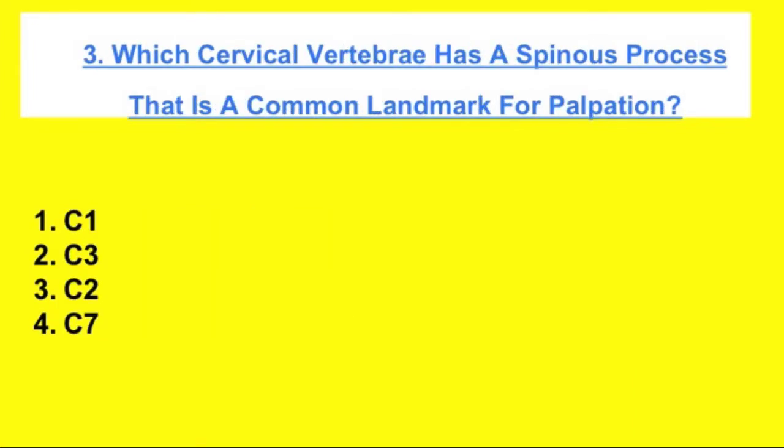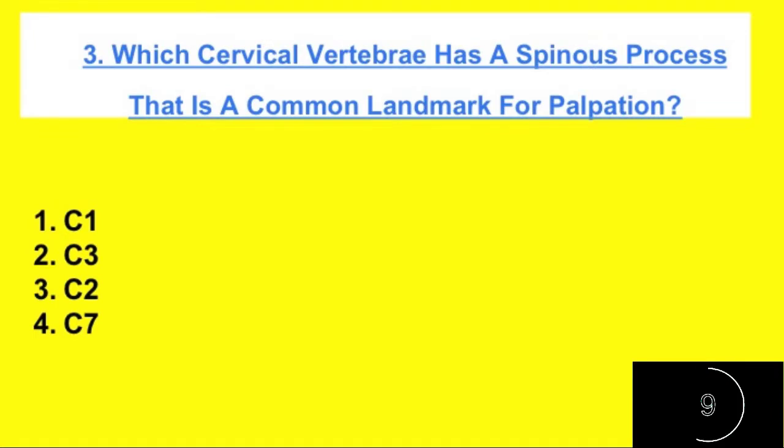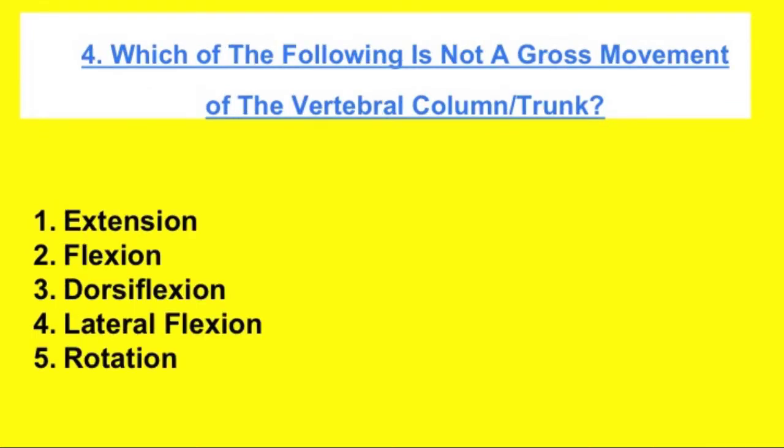Question 3. Which cervical vertebrae has a spinous process that is a common landmark for palpation? Question 4. Which of the following is not a gross movement of the vertebral column, trunk?